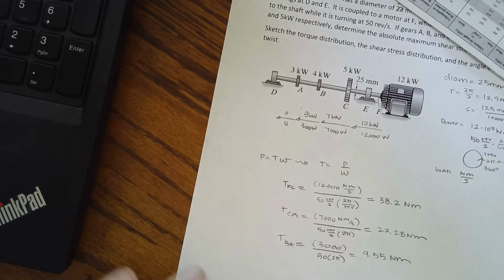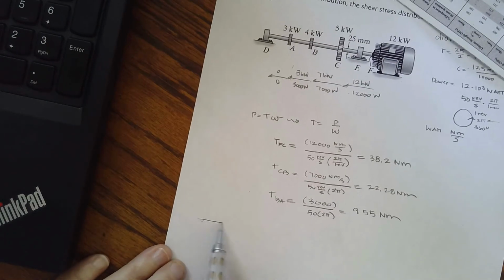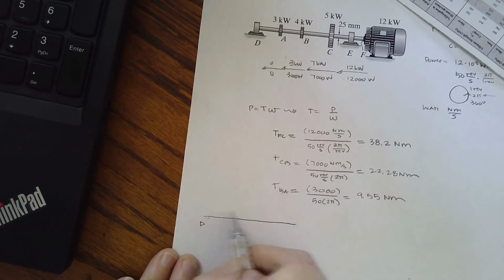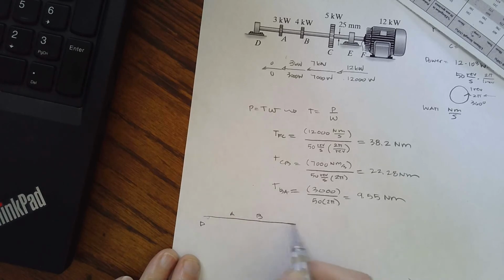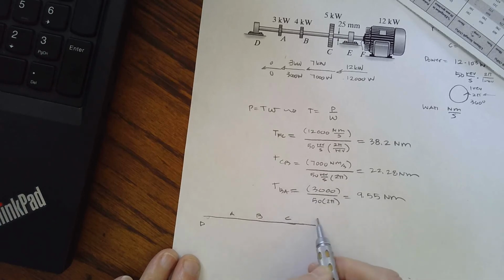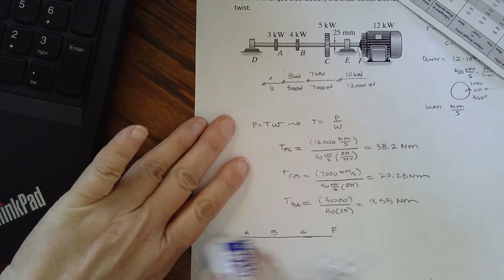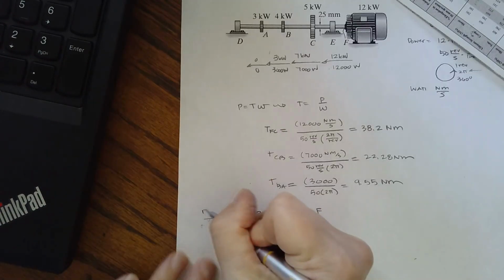So if I were to draw a torque diagram as we're going down that shaft, I have D, A, B, C, and then E or F, whatever, it's all connected in there. I'll put the D on top so it looks more consistent.